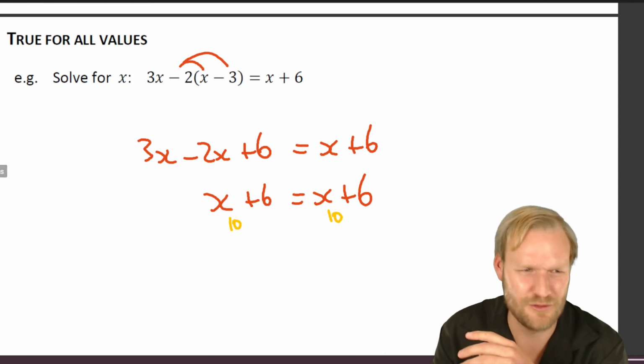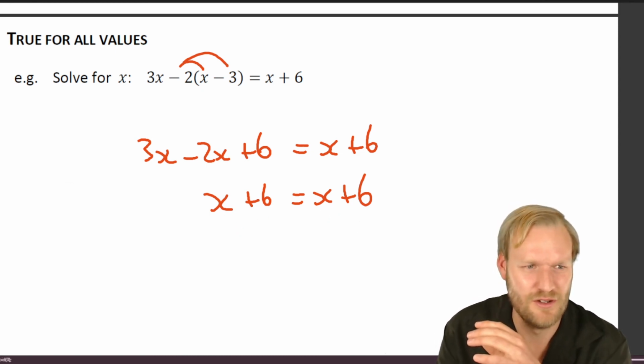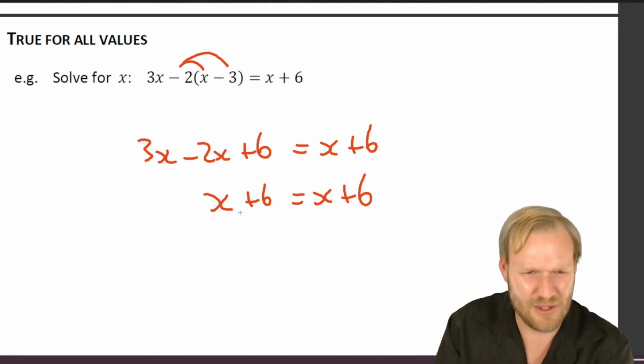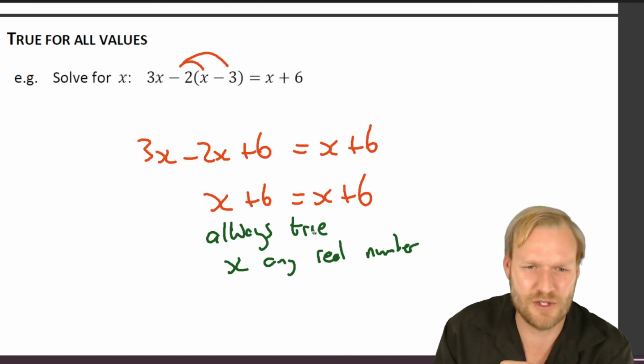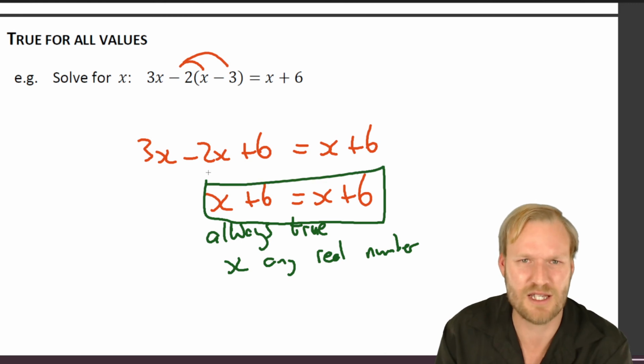Okay, and maybe you wrote this in your description earlier. What we can see here already is that this is always going to be true, right? Always true. In other words, x is any number, any real number, because we're dealing with real numbers. So this is always going to be true, because x plus 6 is x plus 6. They're the same thing.